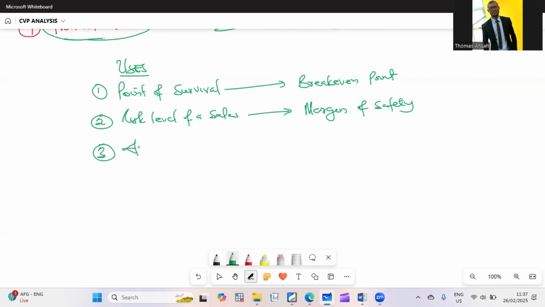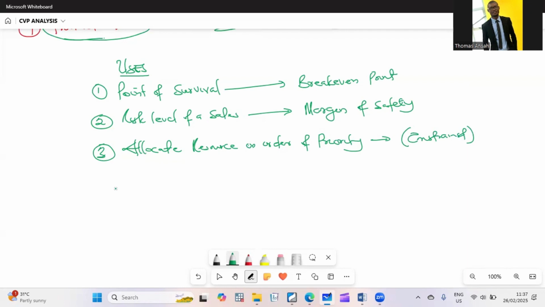So CVP analysis will help us to allocate resources in order of priority. That is something we have gone through when we were doing throughput. So this we call planning with a limiting factor, the concept of constraints.